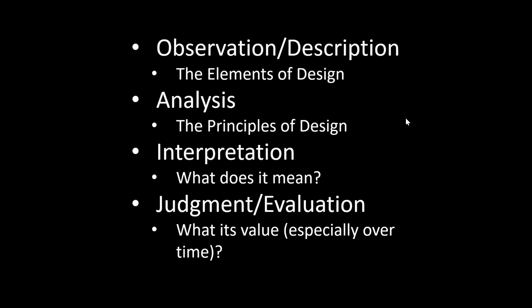So observation and description is basically a discussion of the elements of design, like line, color, shape, that kind of thing. And then the analysis is of how the principles of design are employed. For instance, unity and variety, balance, that kind of thing. And interpretation has to do with what does the work of art mean?